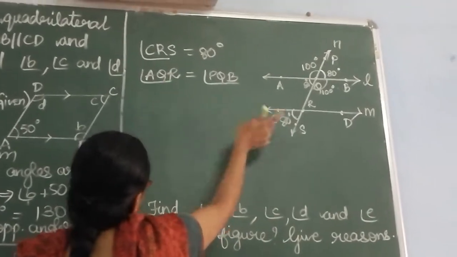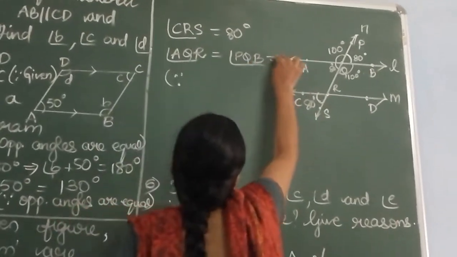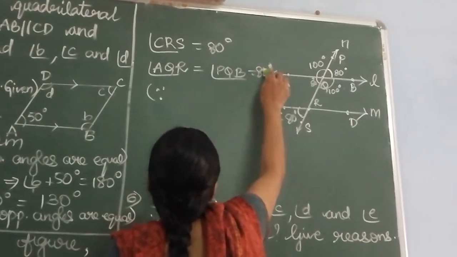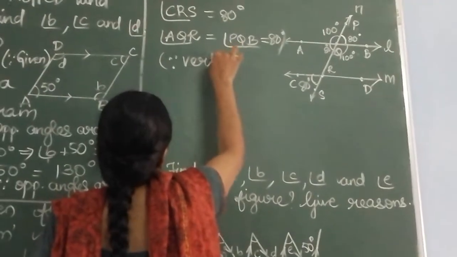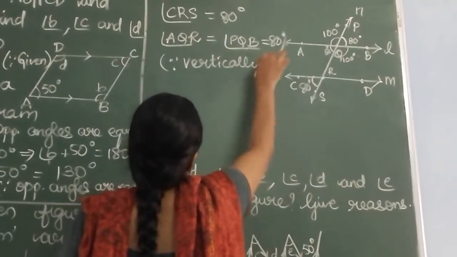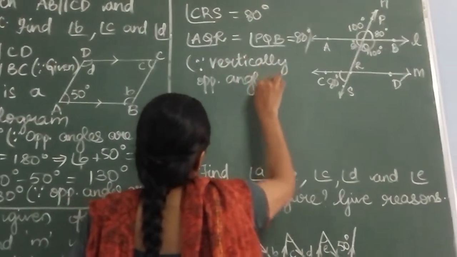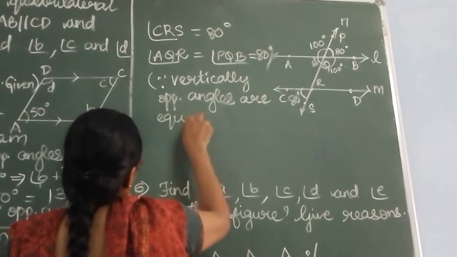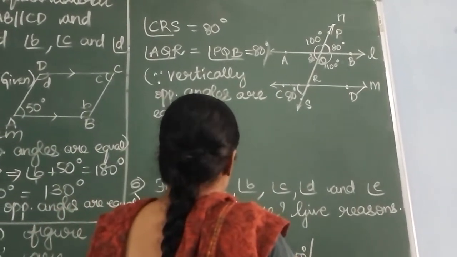This is because of vertically opposite angles. Since this is equal to 80 degrees, what is the reason? Since vertically opposite angles are equal. That is the reason it is equal to 80 degrees.